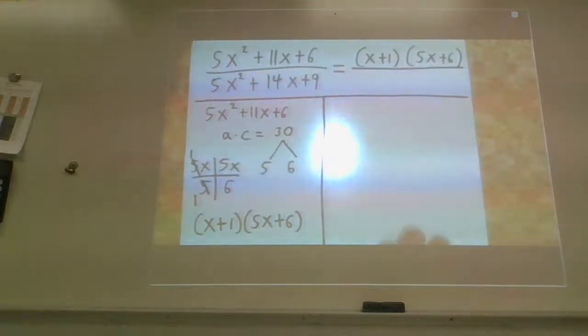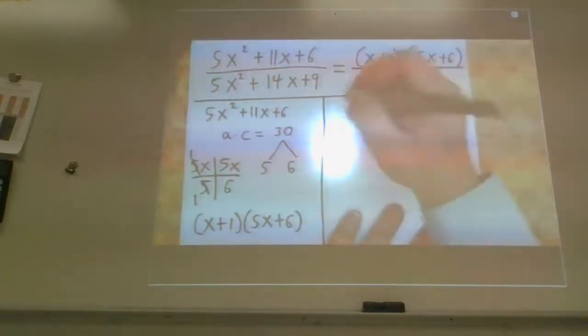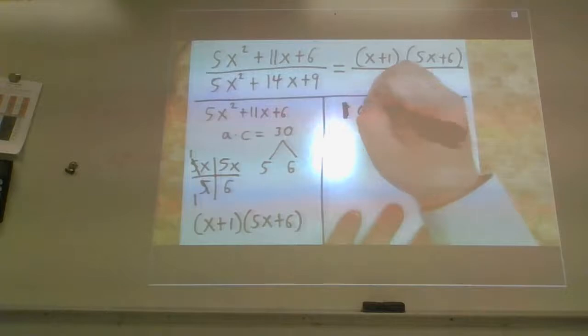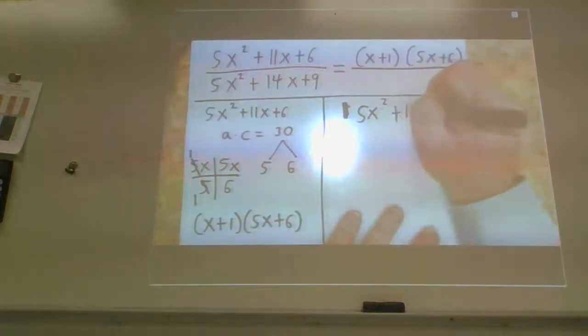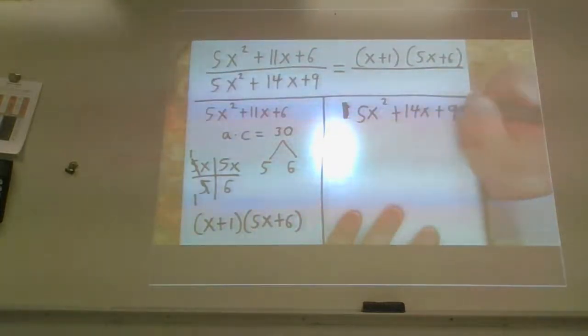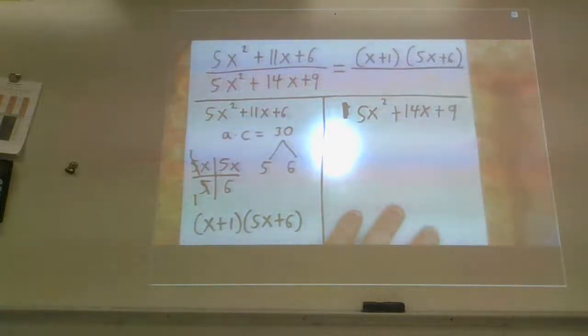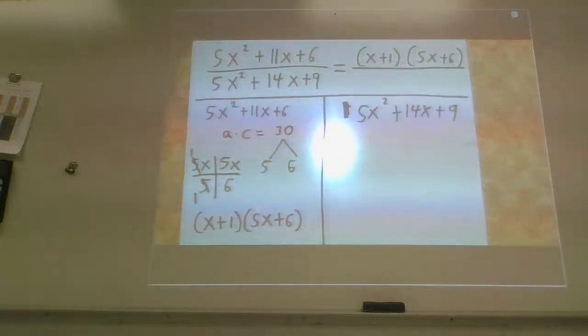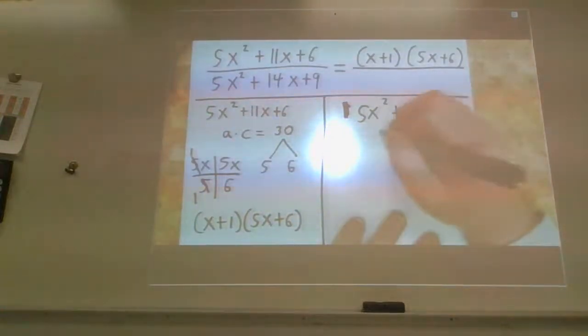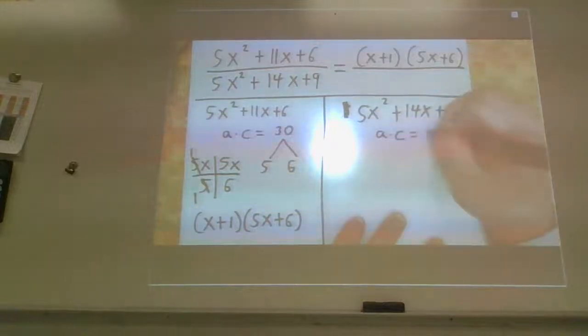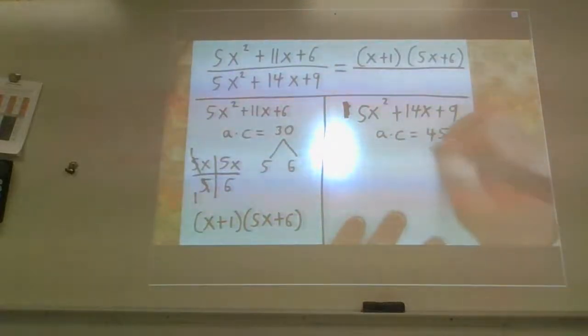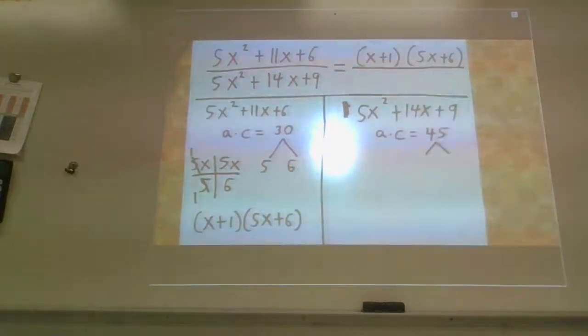I have to do the same thing with the denominator. 5x squared plus 14x plus 9. I'm going to move a little bit more swiftly through the rest of this problem because it's pretty much the same thing. 1, take out a GCF if you can. That's a 1. 2, multiply A times C. 3, find those two magic numbers that multiply to A times C and add up to B. In this case, it's 14.